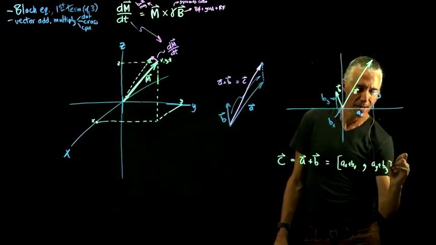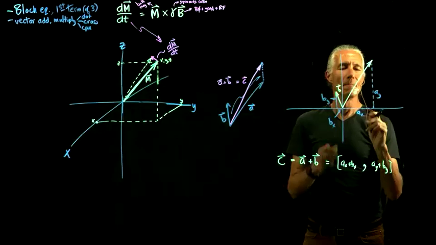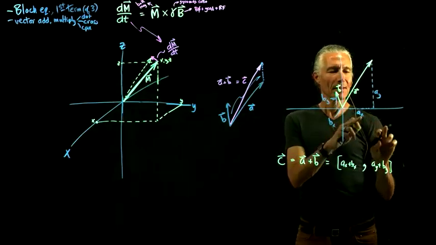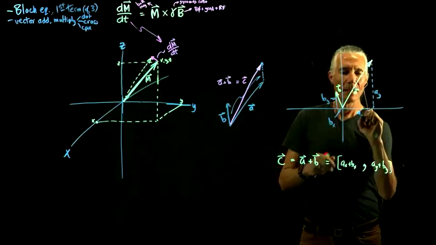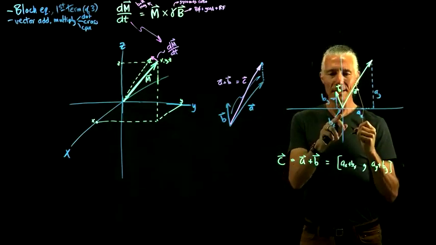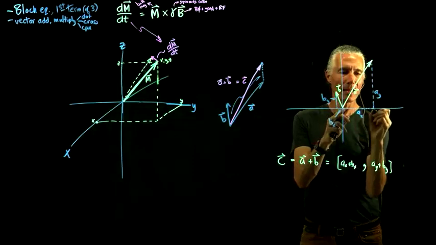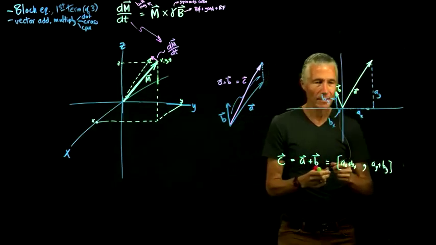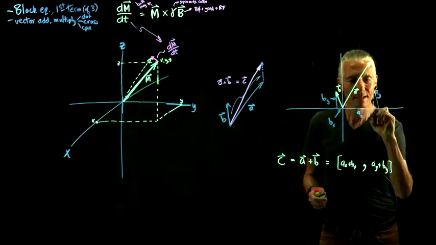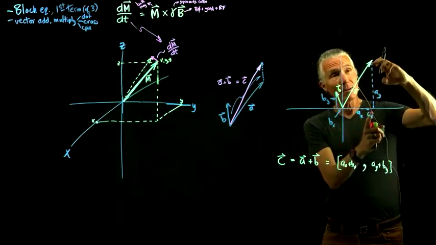Let's do that up here. If you take AX here and add it to BX, which is negative, that means you come back a little bit. So there's CX. This guy is CX. And then what about the y?